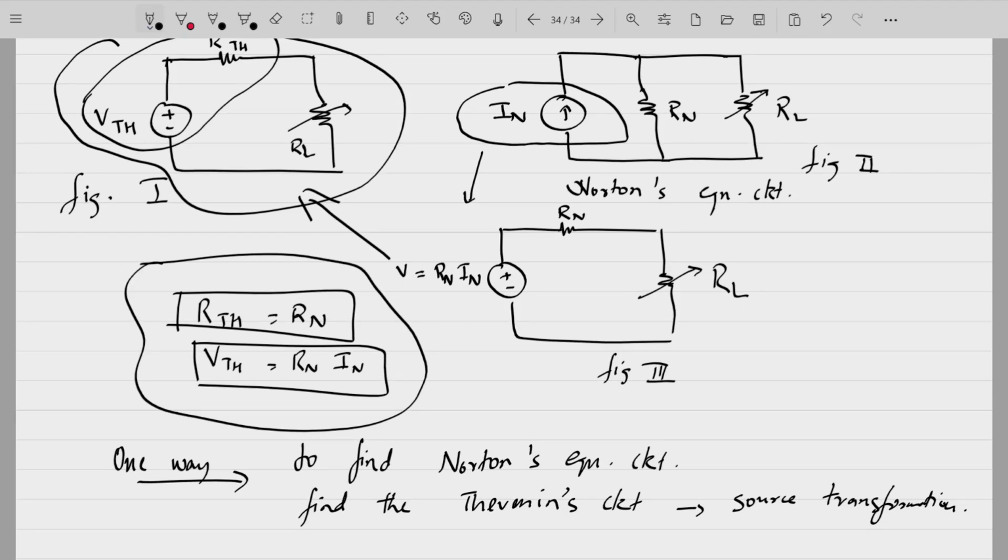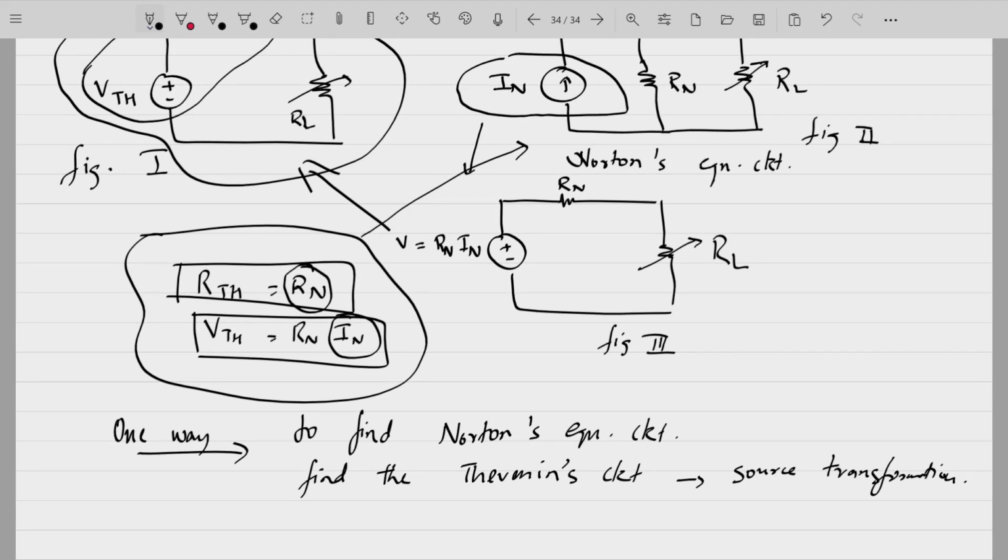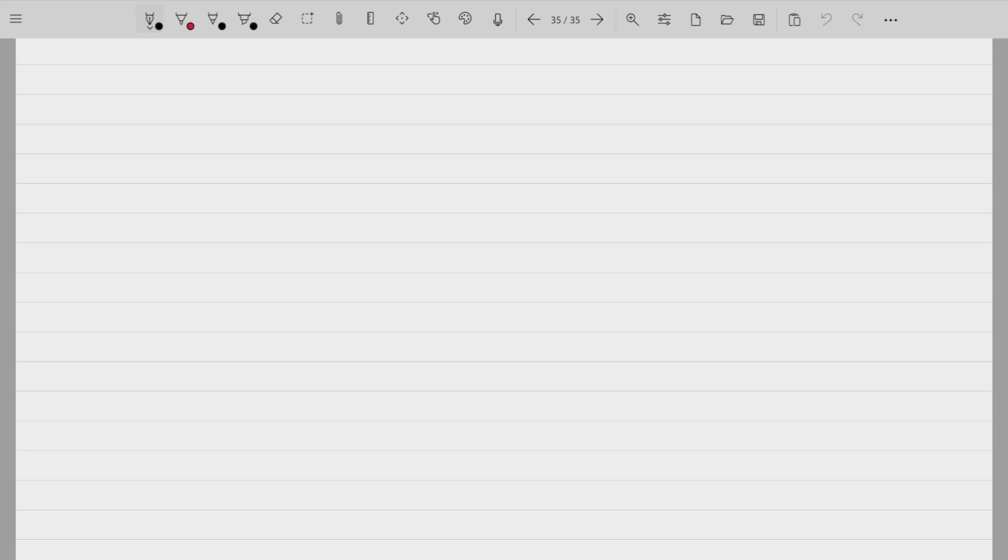Once you have the Thevenin's equivalent circuit, you can simply find out Rn, and then find out the value of In, place those values in the Norton's equivalent circuit, and find out the Norton's equivalent circuit of this particular network. So this will be one way of finding out the Norton's equivalent circuit from the Thevenin's equivalent circuit. Or if you want to directly find out the Norton's equivalent circuit, the procedure is almost similar.